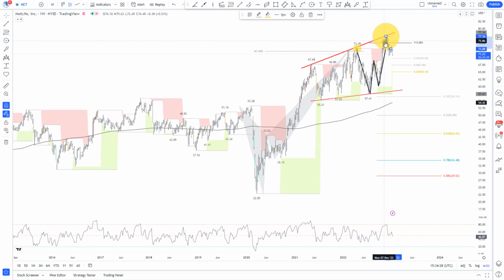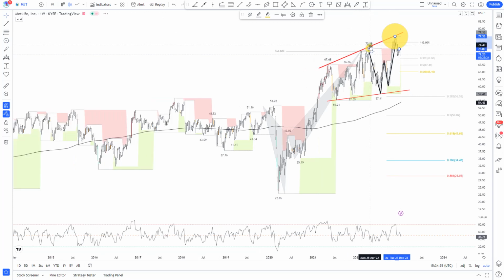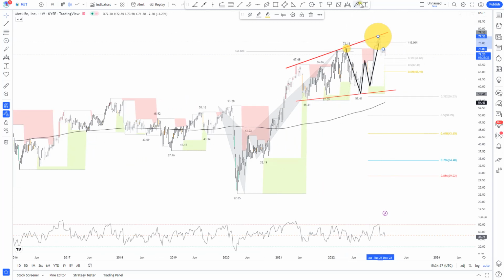Okay, we have these recent highs threatening the breakout above the previous resistance at 73.18. The false breakout will be confirmed with a clear violation of these lows, which means the price needs to remain below this price zone. If the price remains below 57.41, you should target the golden Fibonacci level.